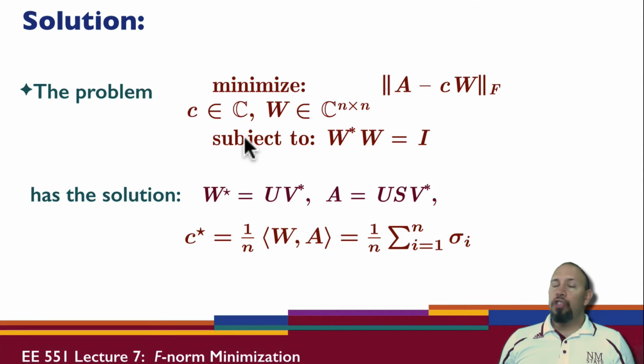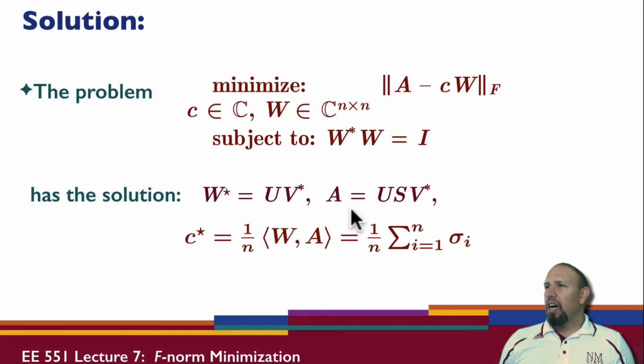So we can go through and show, and I have the proofs, you can see the proofs video, that the solution to this minimization problem is that W is equal to this product of the unitary matrices from the singular value decomposition of A. Notice that this product of unitary matrices is itself a unitary matrix.